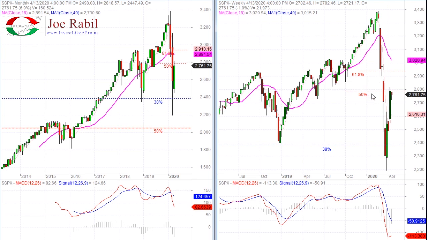I have been talking about the fib levels over the last 3 videos, and I think it's important to recognize that the fib levels become incredibly helpful when we have a lot of volatility. When there's a significant amount of volatility in the market, they become useful because the moving averages take a little bit of time to catch up.